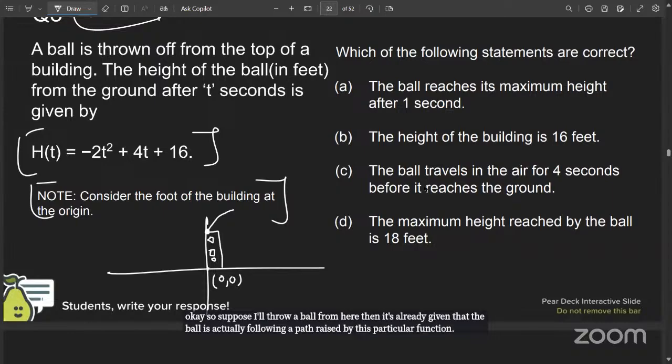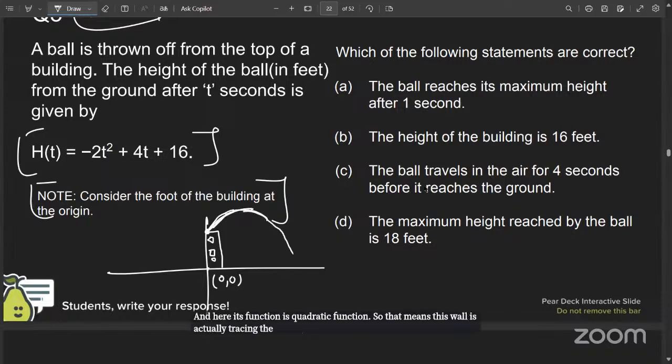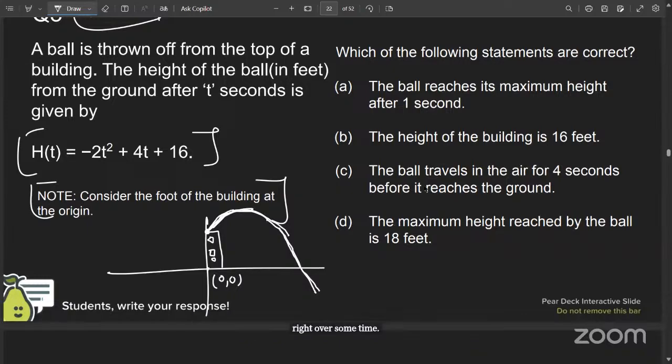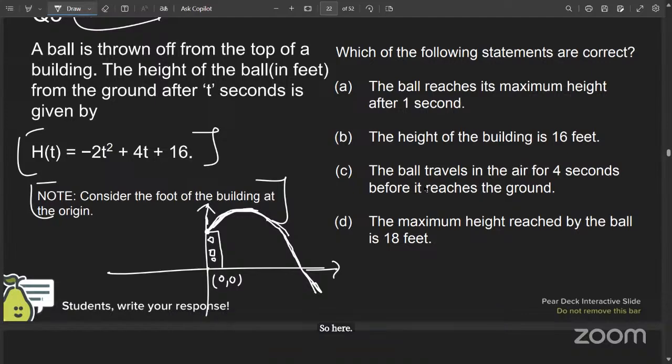Here the function is a quadratic function, so the ball is tracing the path of a quadratic function over some time t. Now they have asked several questions about this particular figure. So this is our general figure: this is the path traced by the ball, and this is our building.